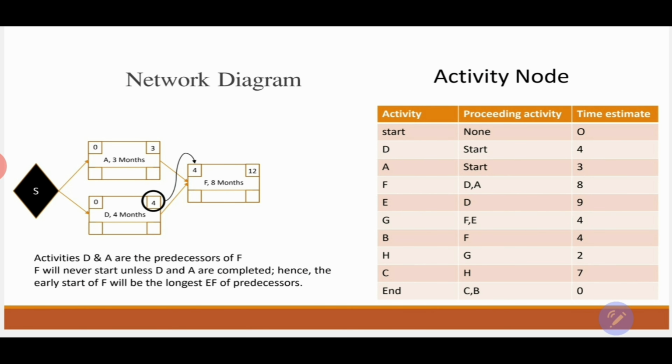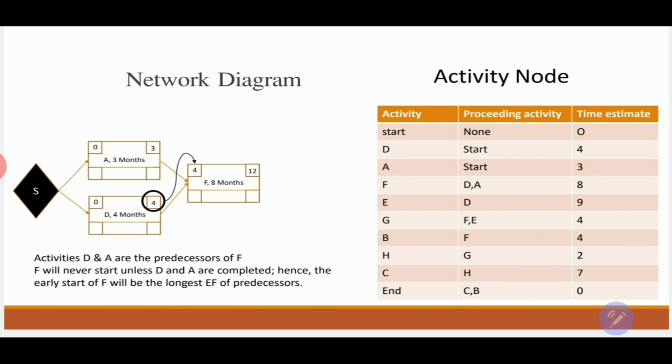This is the next one that we have in the table, and activity F has two predecessors, D and A. Since activity F has two predecessors, it cannot start unless activities D and A are completed. If we look at activity A, we find that its early finish is 3, while the early finish of activity D is 4.